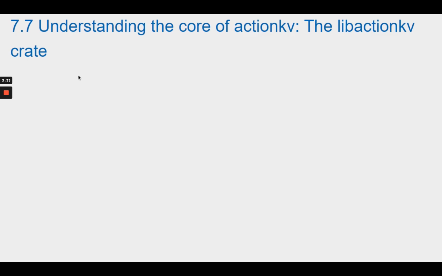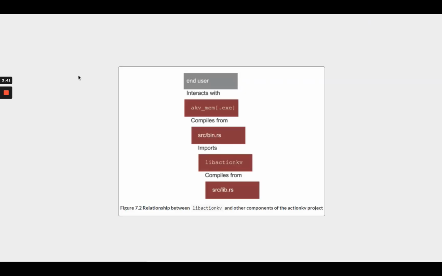Section 7.7. Understanding the core of ActionKV, the libactionkv crate. The command line application built in section 7.6 dispatches its work to libactionkv::ActionKV. The responsibilities of the ActionKV struct are to manage interactions with the file system and to encode and decode data from the on-disk format.